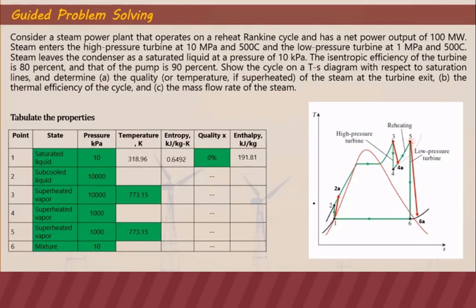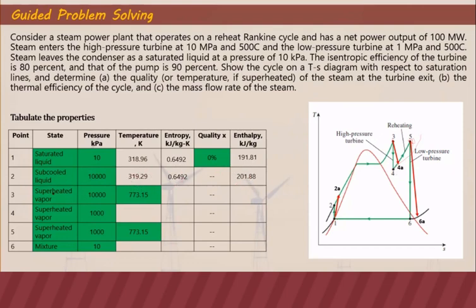Then process 1 to 2: take note that in this table, we are going to get the ideal points first, not the actual. So process 1 to 2 is an isentropic process, so they have the same entropy, 0.6492. Since this is a subcooled liquid, we need properties. Since we already have 10 kilopascal and 0.6492, we just plug it in at the specified state points in the software, then we can get the rest of the properties.